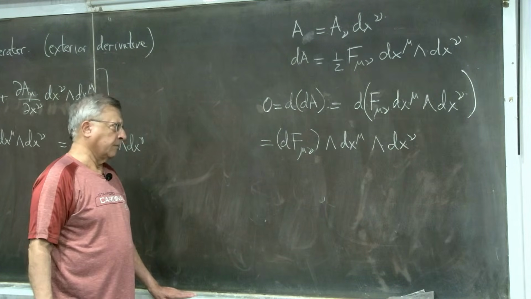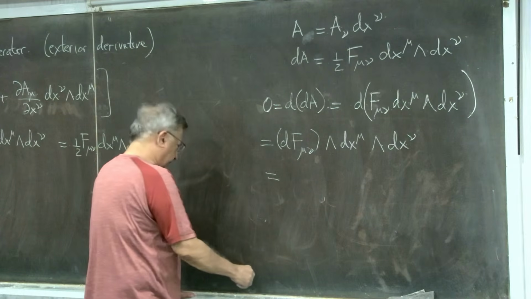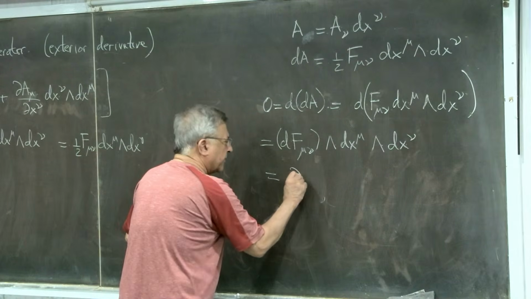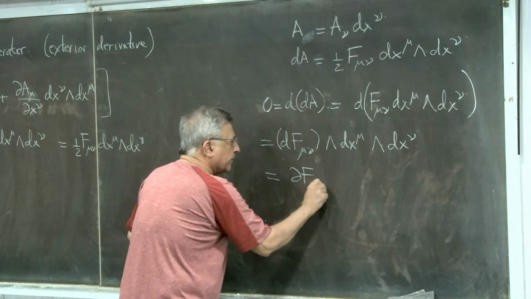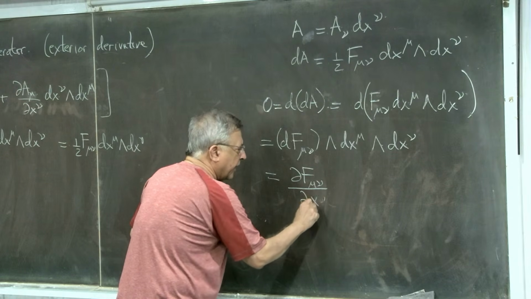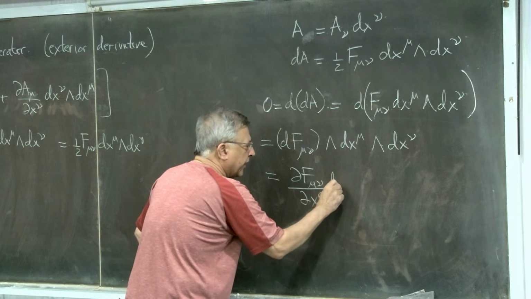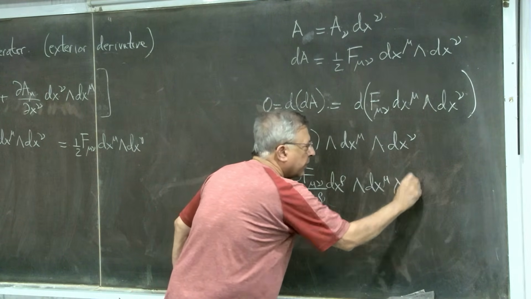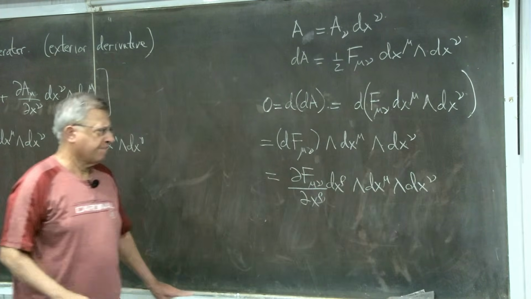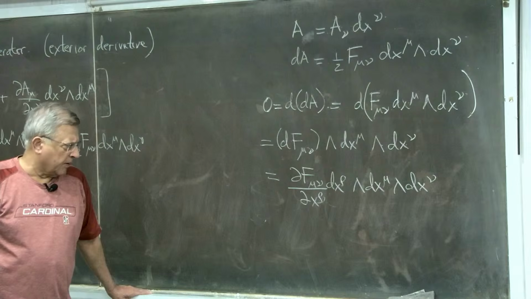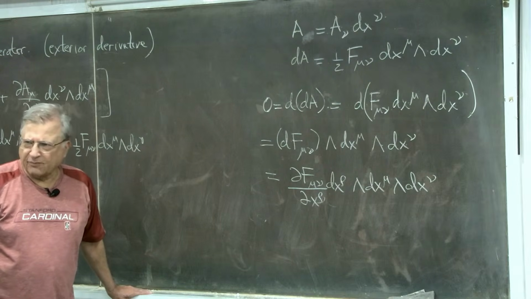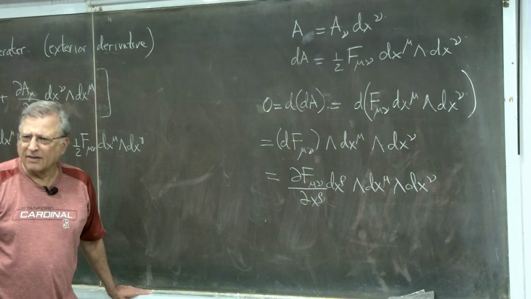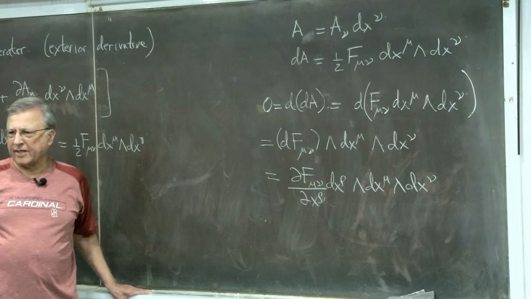And now this is dF mu nu by dx rho dx rho. And I always like my indices mu, nu, rho. There is no harm if I keep it this way.